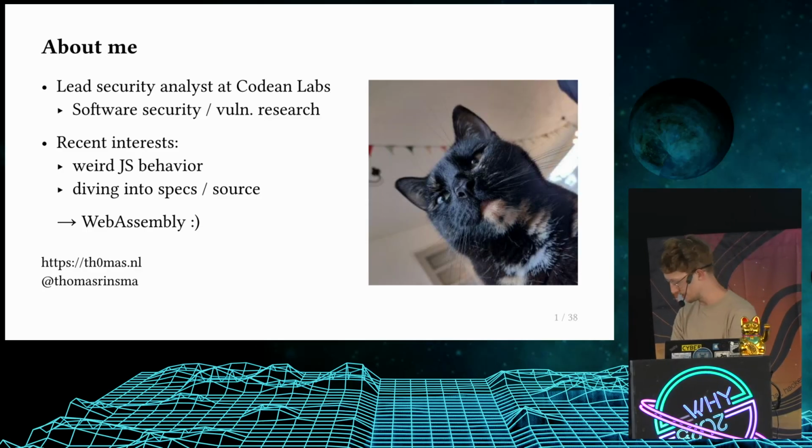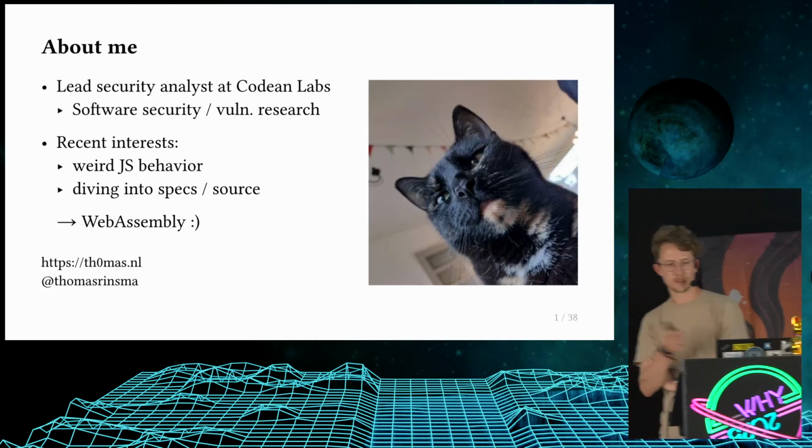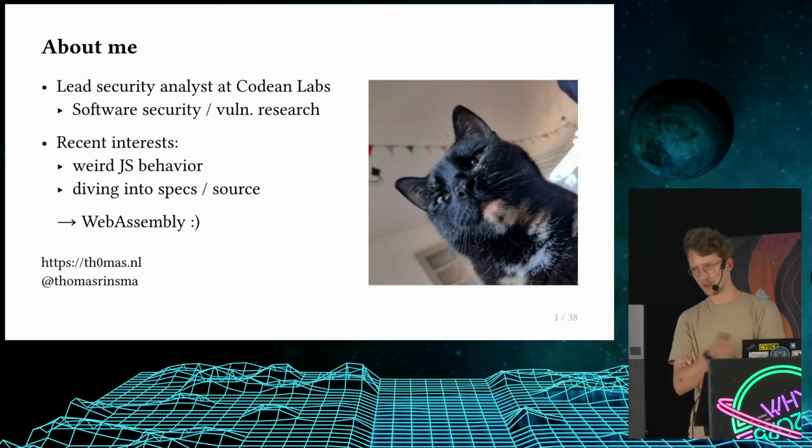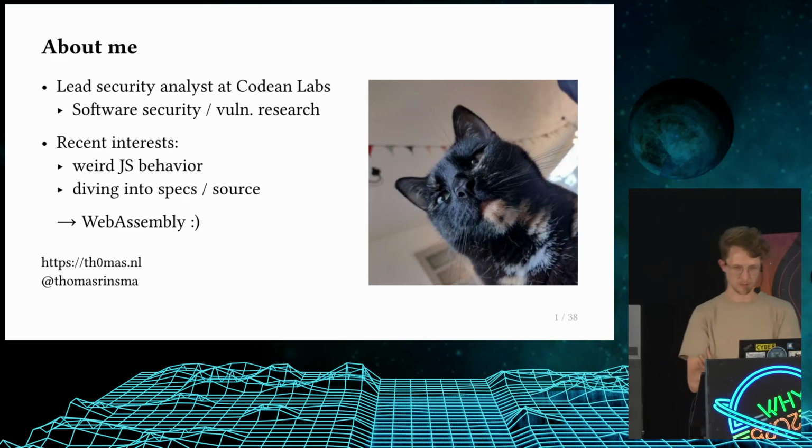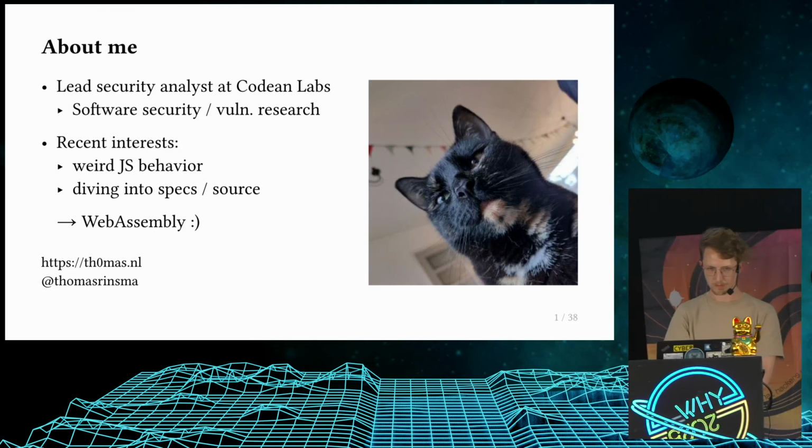What I especially like is to try to dig a bit deeper than normally, I guess. So lately I've been looking at specifications, actually looking at the implementation of some stuff in browsers. Sometimes interesting things pop out.